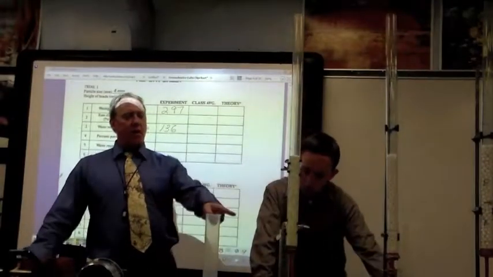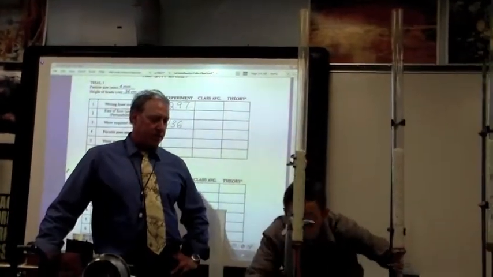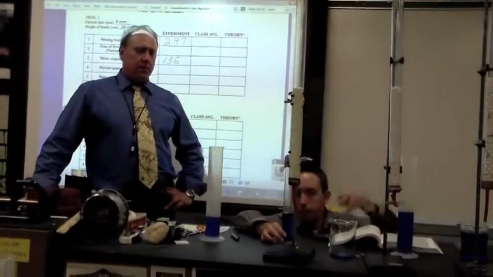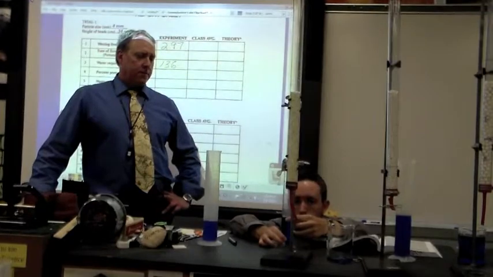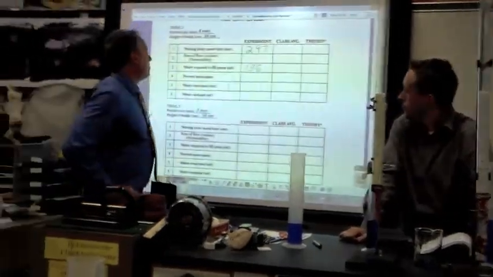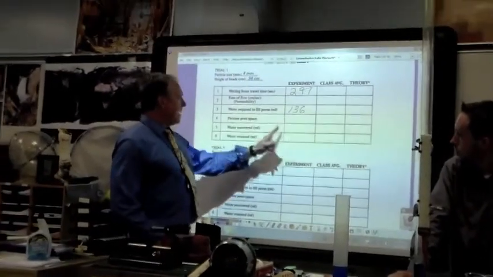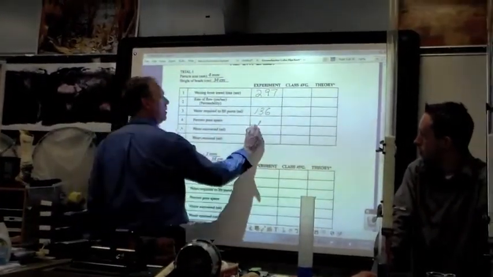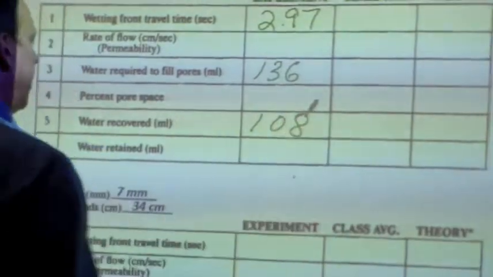Now, Mr. Livingston, did we get back the entire 136 milliliters? We absolutely did not. In fact, if I look at this, we got back, let's see, 100, 102, 104, 106. We got about 108 milliliters back. That means we recovered 108 milliliters.